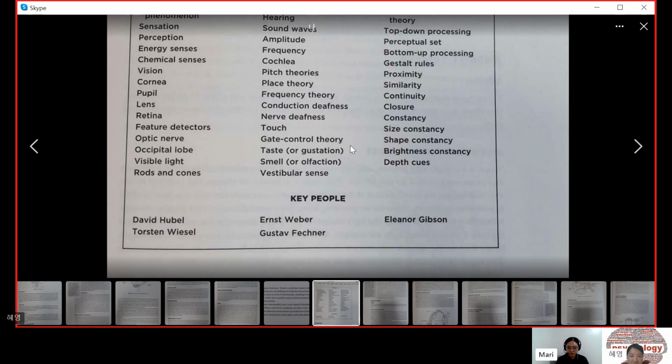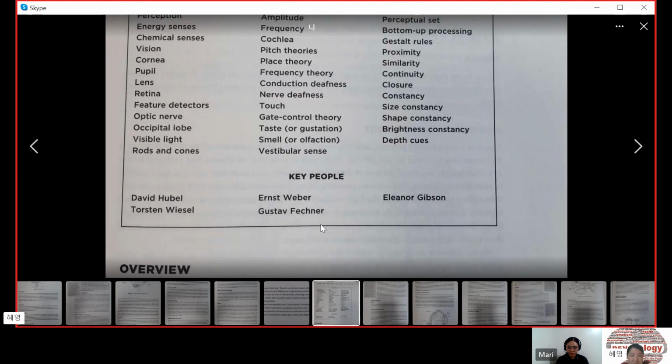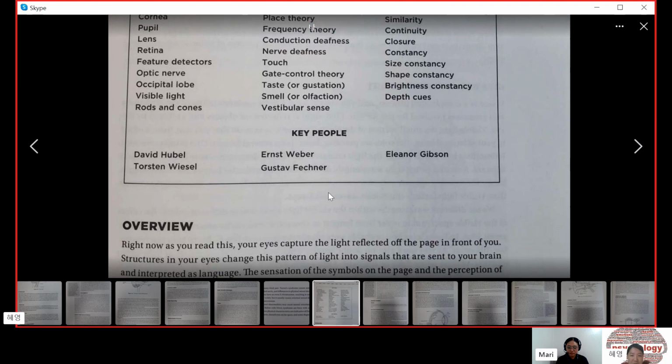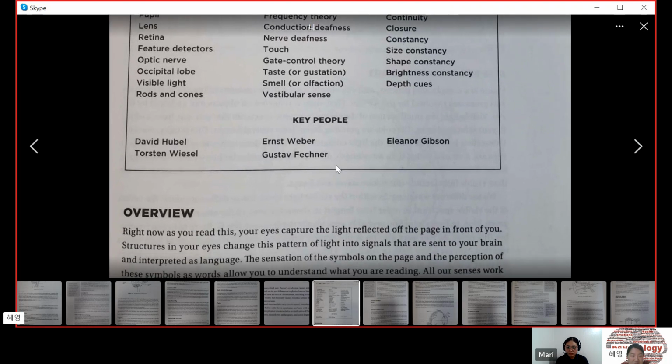And there are many famous people, Weber and Gibson.